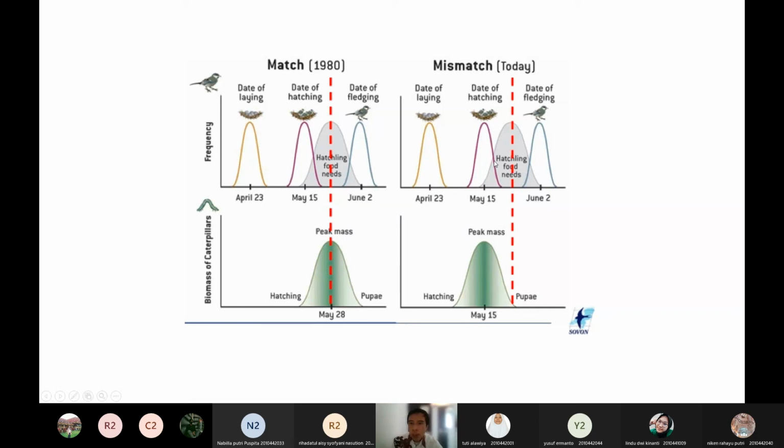But here, when the new baby birds need food, unfortunately the food available from the caterpillars is very low, in very small numbers, because the caterpillars have started to become pupae.